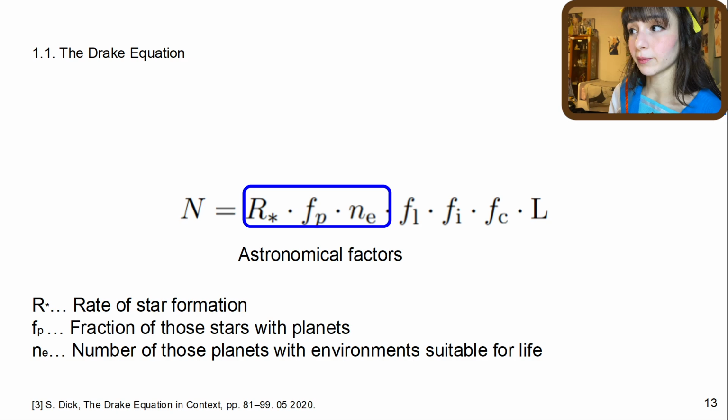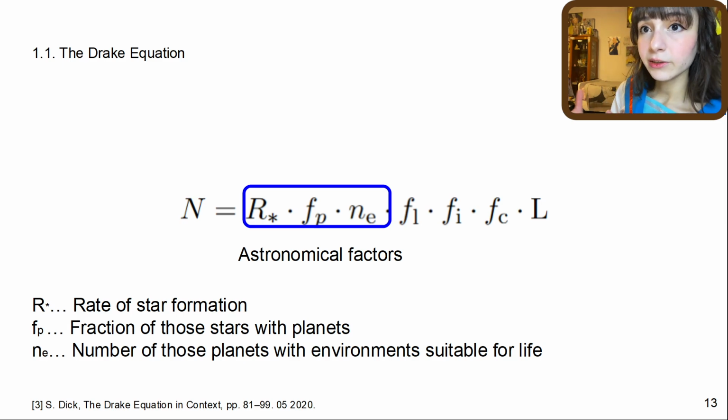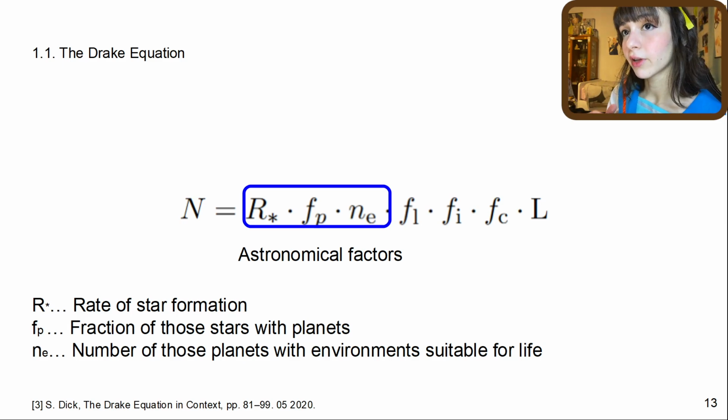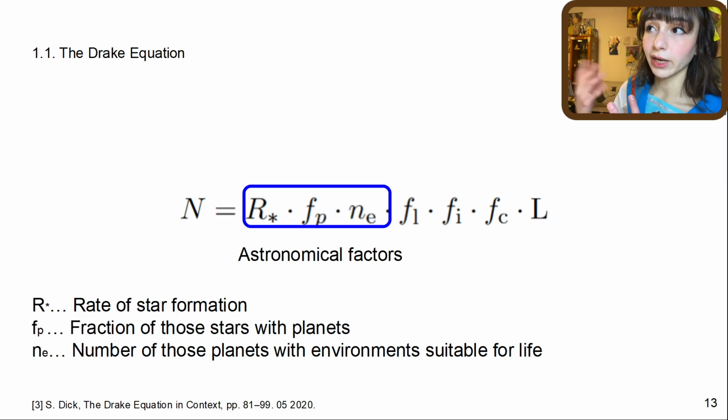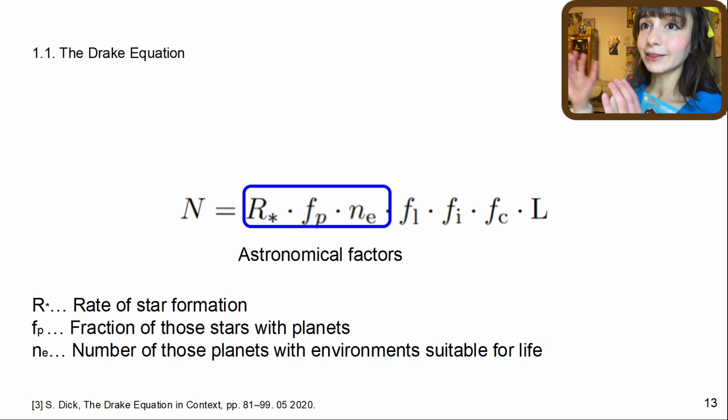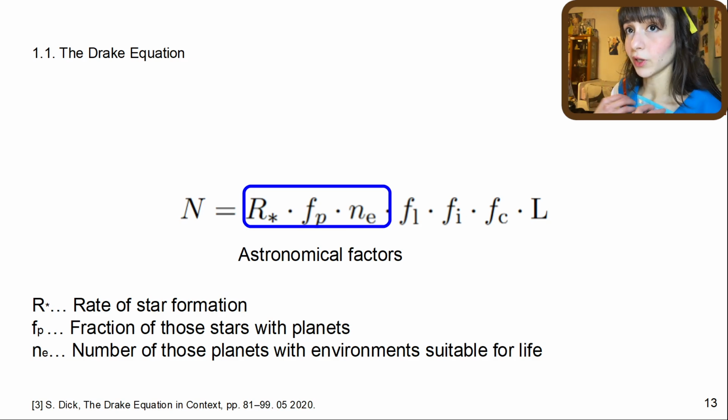So if we want to find an alien civilization, we have to first think about how many planets there are out there and how many of them have environments in which life could actually develop. These planets that have environments suitable for life are often said to be in the Goldilocks zone of a given star, meaning that they are in an orbit where they may get proper heat from the star, kind of like where we are on Earth.